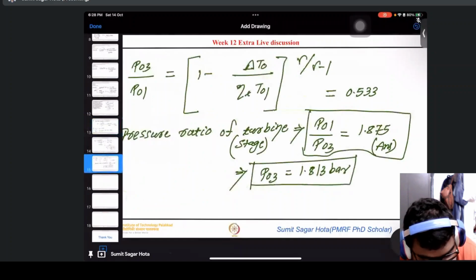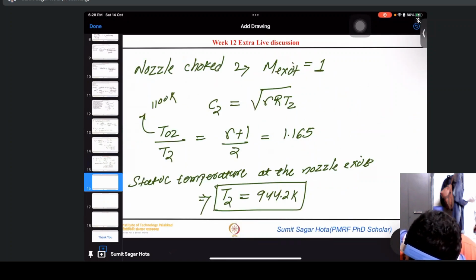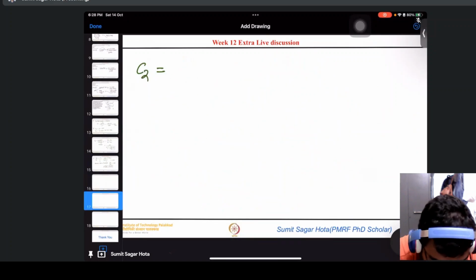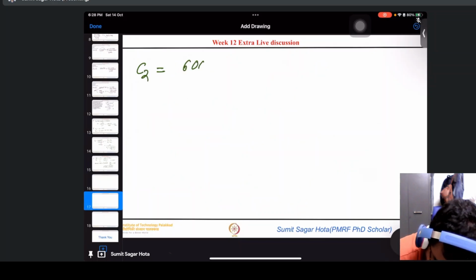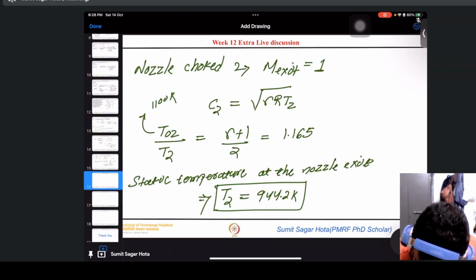Okay. So now what is the C2? 600.3 meter per second. If you solve in the formula, okay.